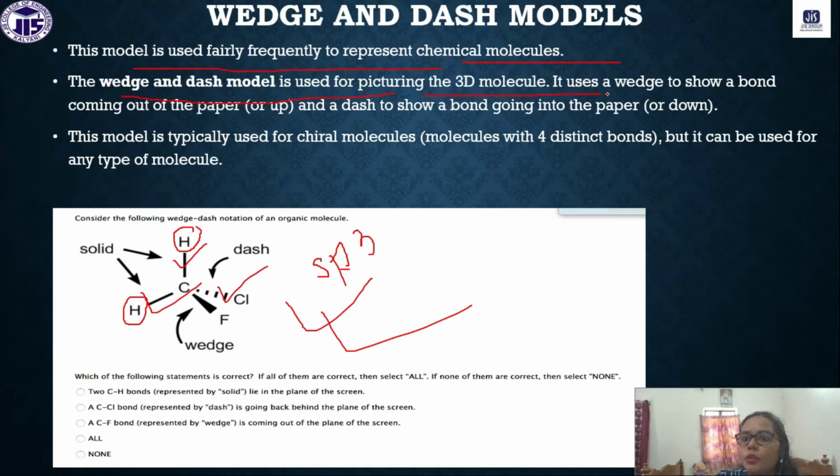When picturing a 3D molecule, it uses a wedge to show a bond coming out of the plane, which is the fluorine atom, and a dash to show the bond that is behind the plane, behind the paper, which is our chlorine atom. This model is typically used for chiral molecules.